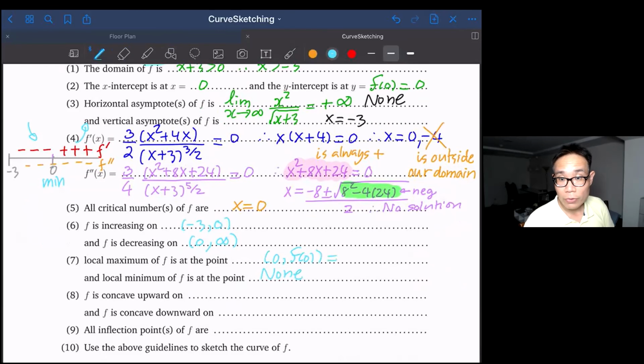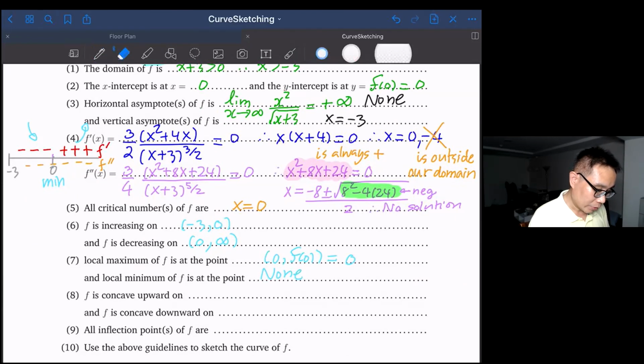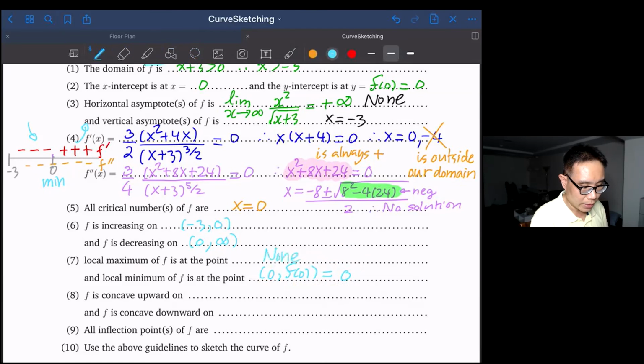What is f of 0? It's just 0, so the point is (0, 0). Sorry, I switched this one, right? So this one will be local minimum instead, and for local maximum it will be none.